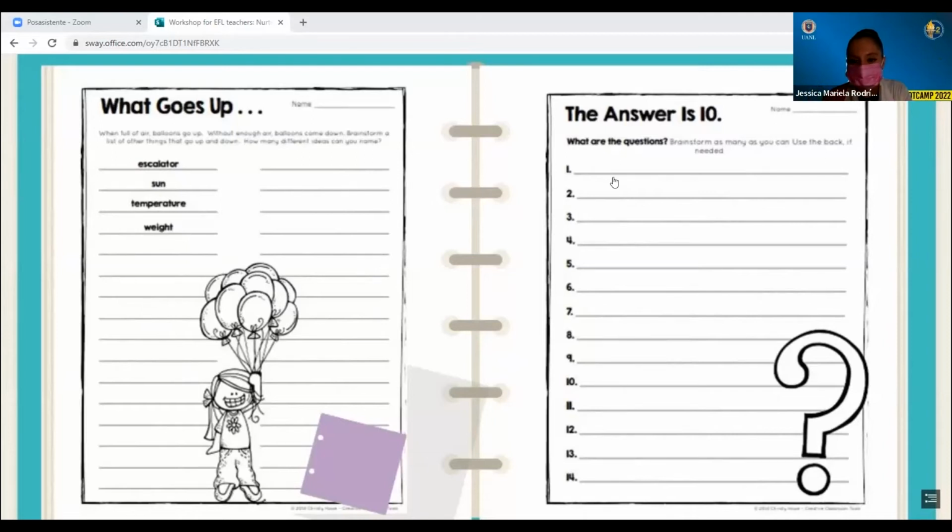I'm going to give you 5 minutes to think of different ideas depending on the worksheet you choose. And then I'm going to ask some people to report the ideas that you brainstormed, okay? 5 minutes.